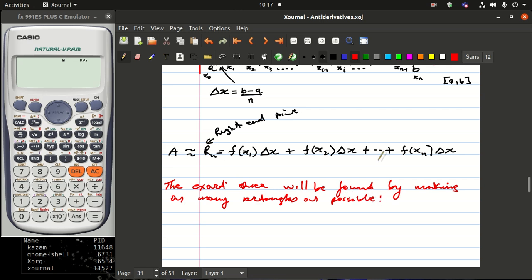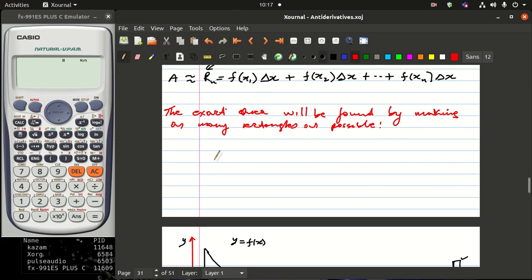That is what I'm saying. Or simply put, increasing this n as much as possible to make sure that the length of each rectangle is so small. In other words, now the exact area is going to be achieved by taking the limit as n approaches infinity. So we're increasing n unboundedly.